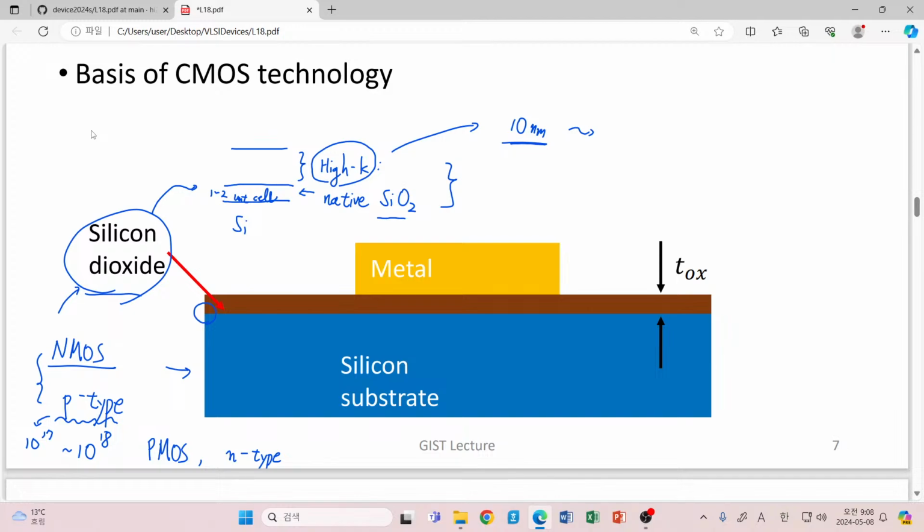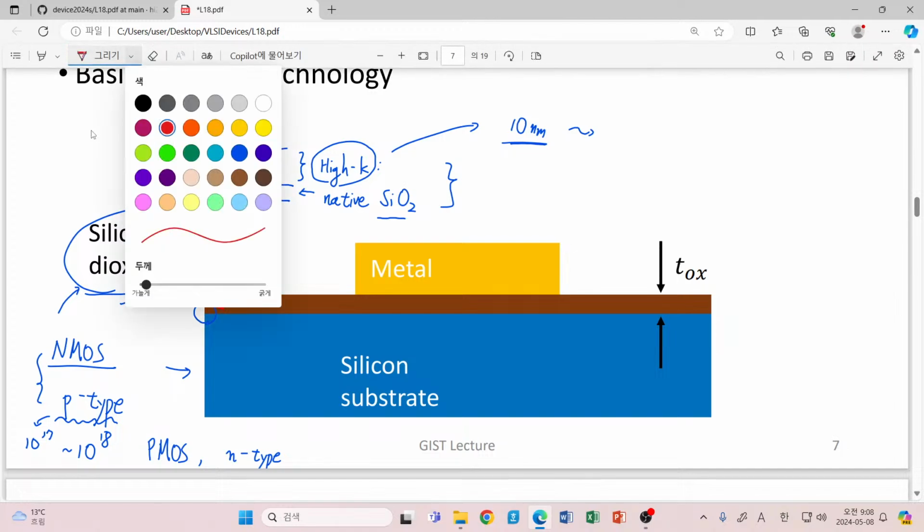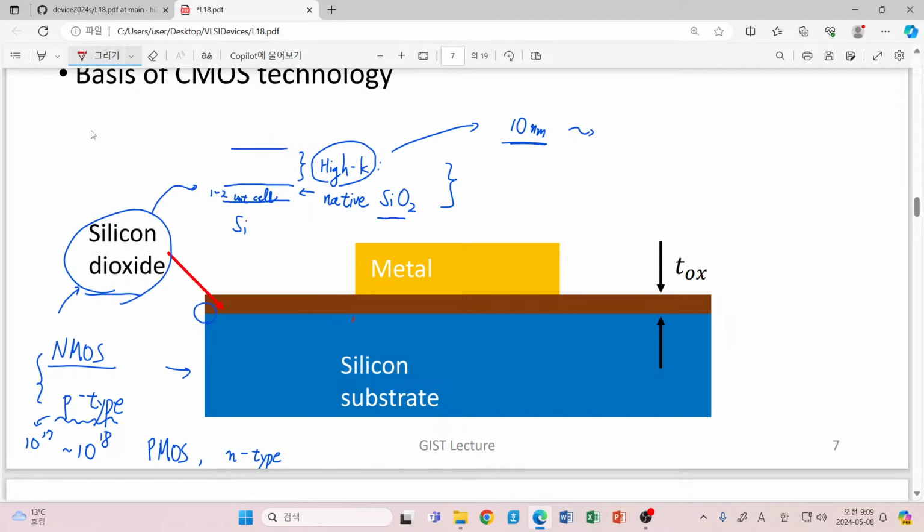Later in this structure, as we all know, we will introduce additional components here and there with the opposite doping polarity.